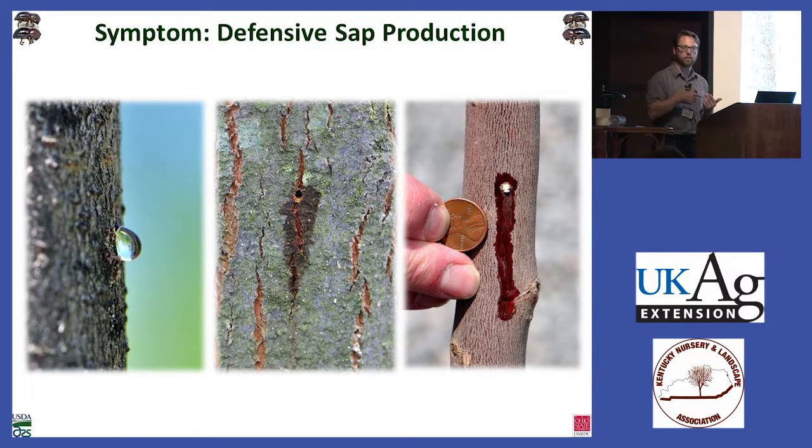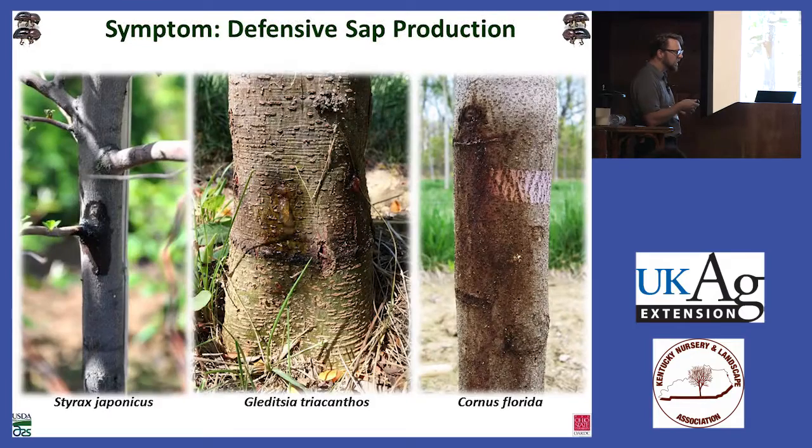And then, of course, when they cut into the trees, they see the tunneling by the ambrosia beetles. This defensive sap production can be pretty copious, in relatively large amounts, which is problematic because of bacterial growth and other molds that can occur and make the trees unmarketable.